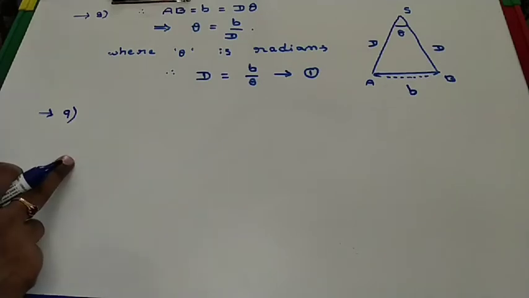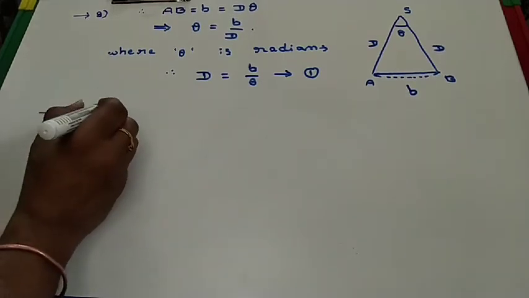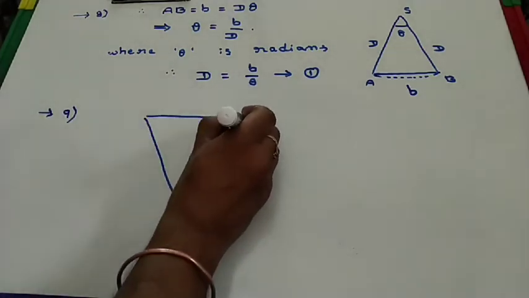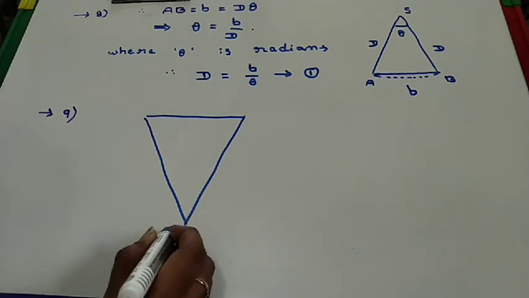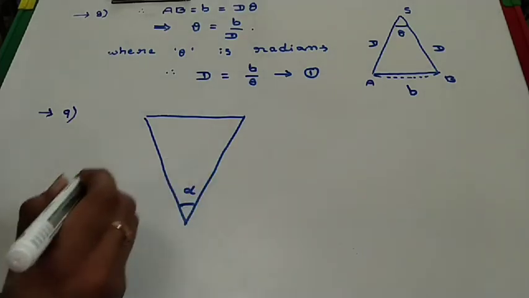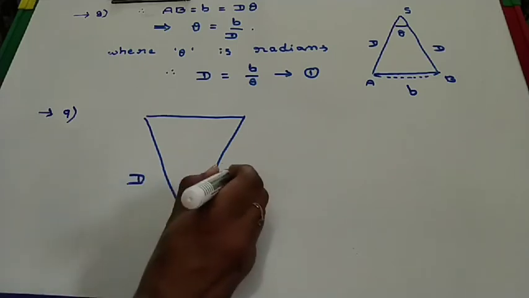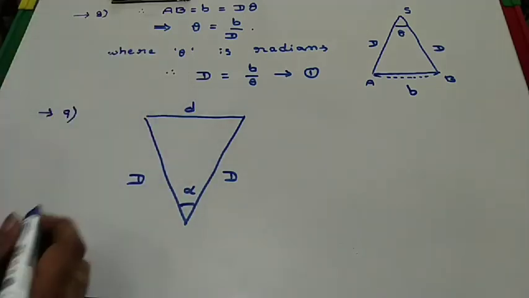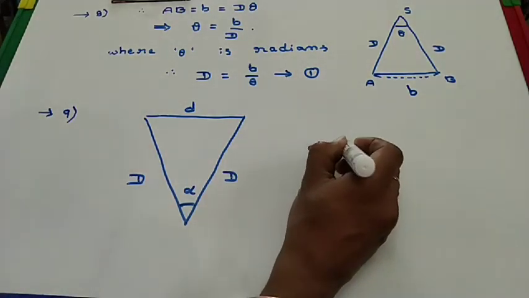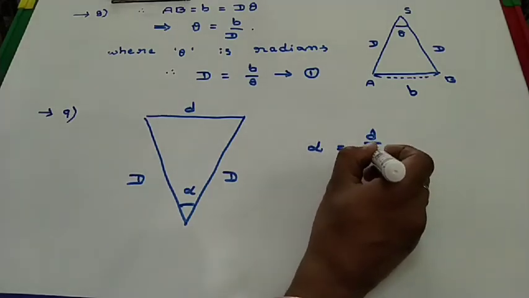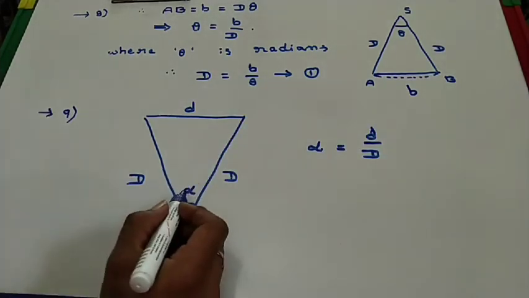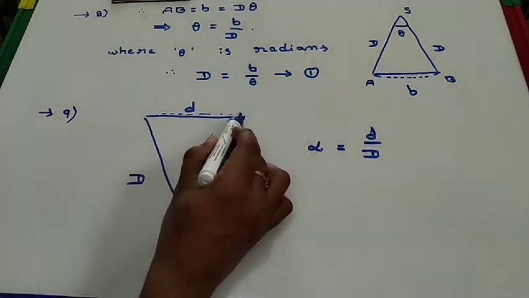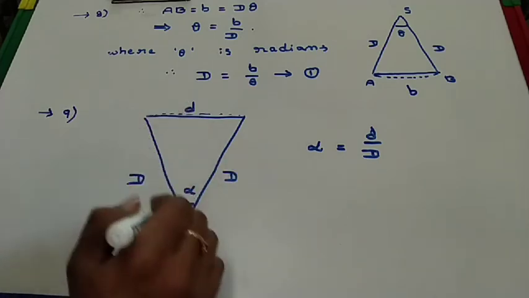Now come to point number 9. Similarly, I can take it like this in reverse. If the vertex is here, consider it alpha, this is capital D, this is capital D, and this is small d. In this case, alpha is equal to d by capital D. Angle is equal to arc by radius.